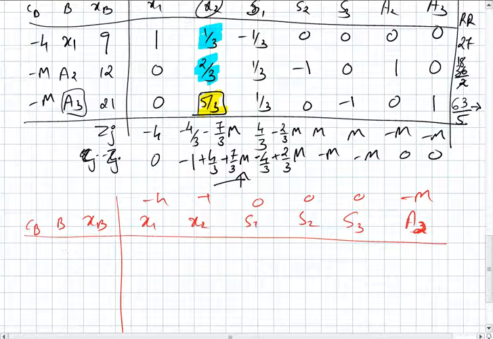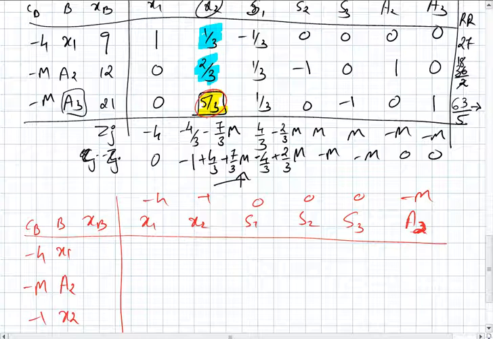In basis now we are having x1, a2 and a3 is replaced by x2. Now to make this entry, let me write first of all coefficient minus 4, minus m, minus 1. To make this entry 1 we have to divide everything by 5 by 3.